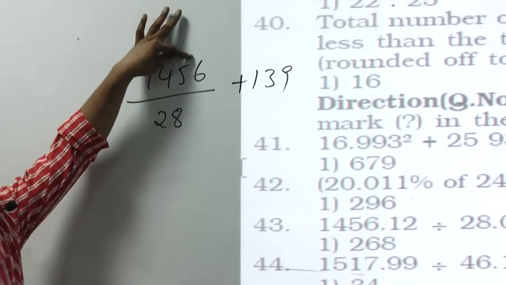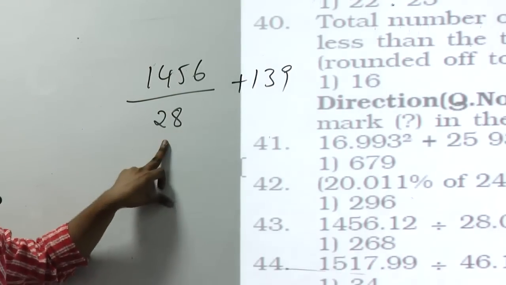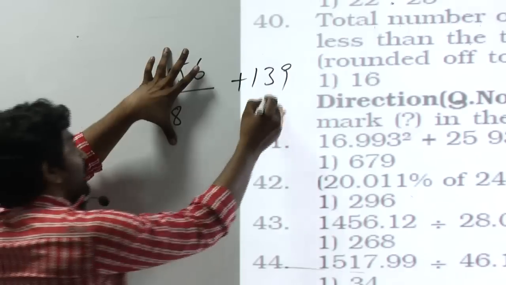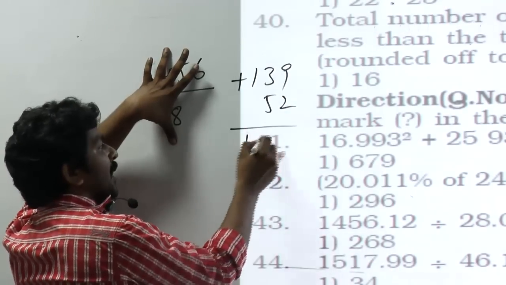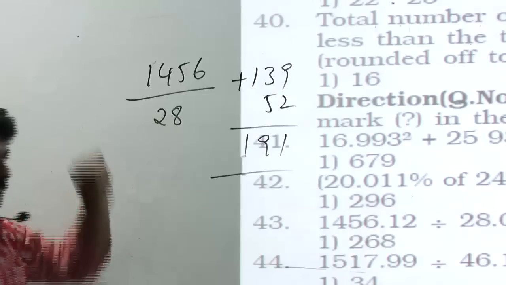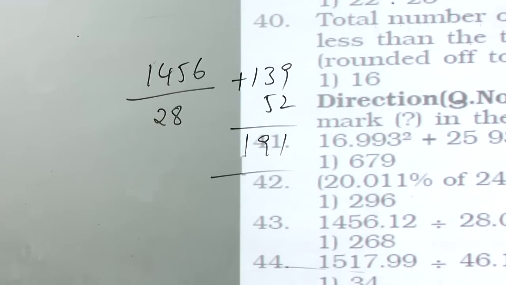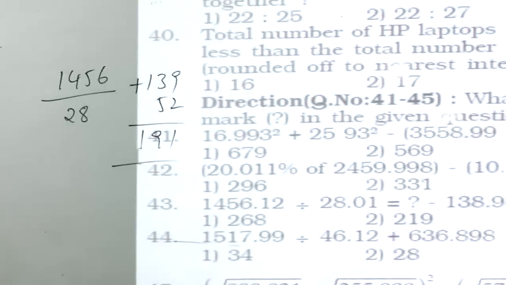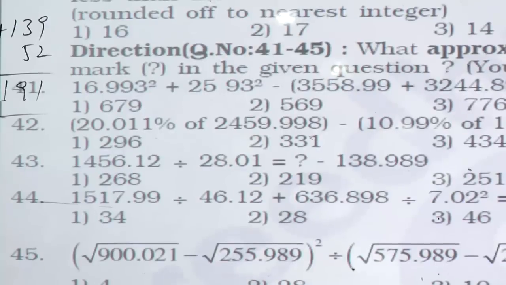Still you have 56, right? And 56 is 2 times of this. So total this is 52. Add these two numbers. 191. Is it okay? Next.